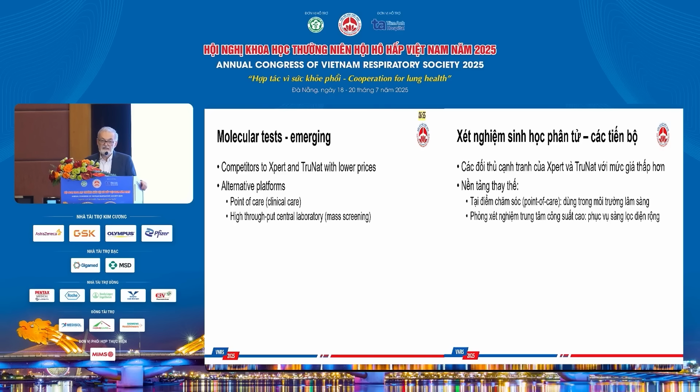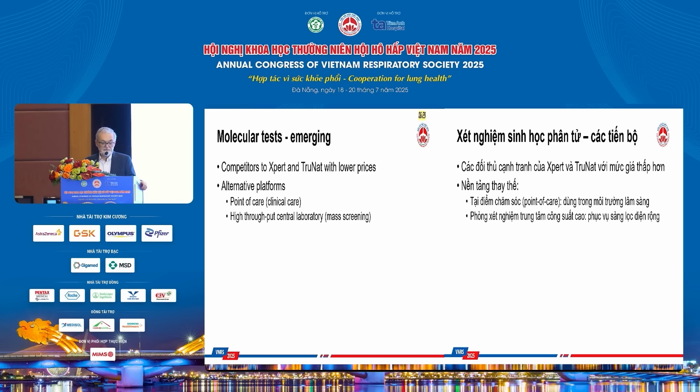That's point-of-care test. And that's useful for the clinical setting, where you have people presenting with cough, shortness of breath, weight loss or fever, and you want to rule out or diagnose TB in those people.